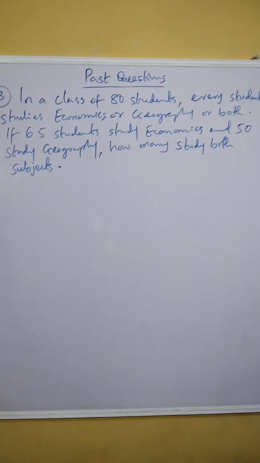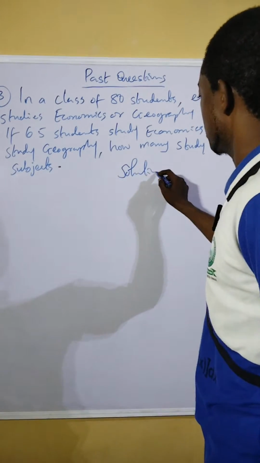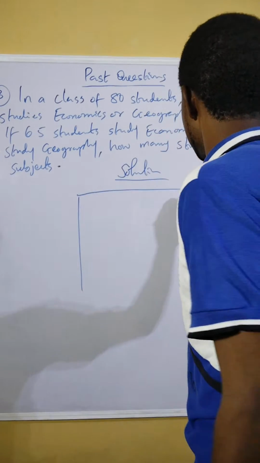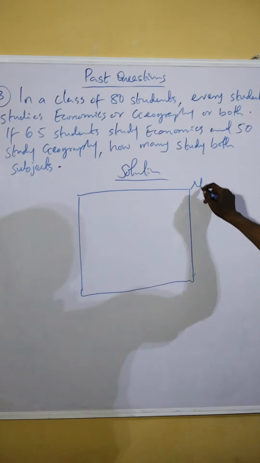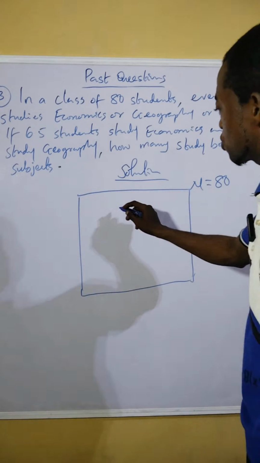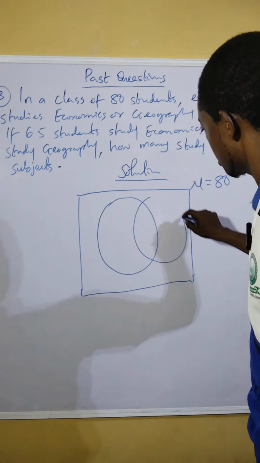Let's look at the solution here. We can use Venn diagram here, and here we have the total number of students as the universal set, and the universal set here is 80. So we are going to have 2 circles which intersect.